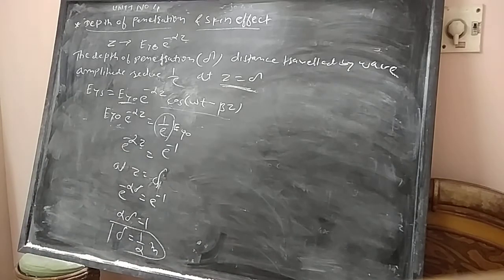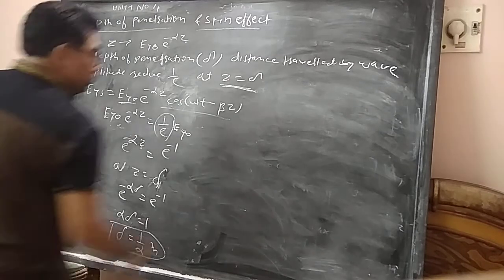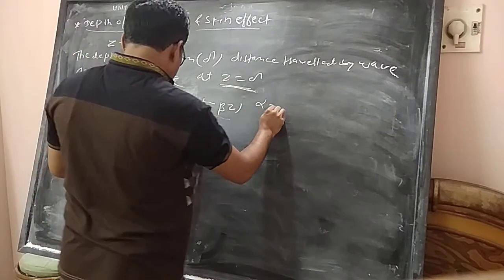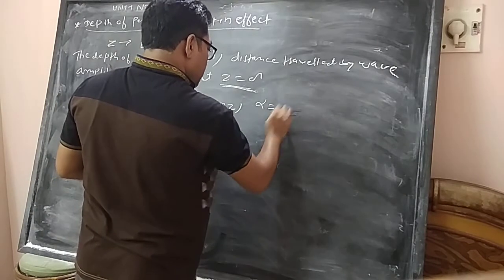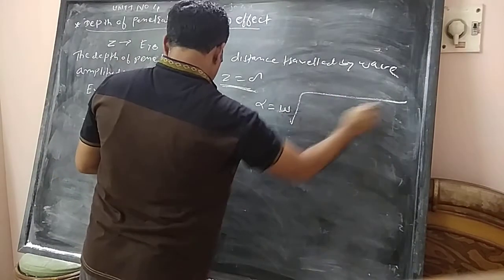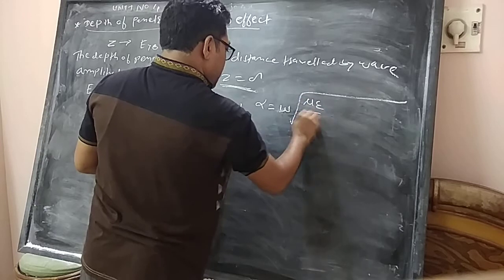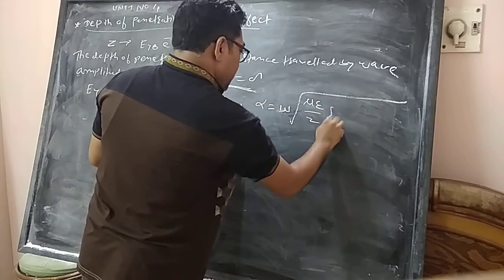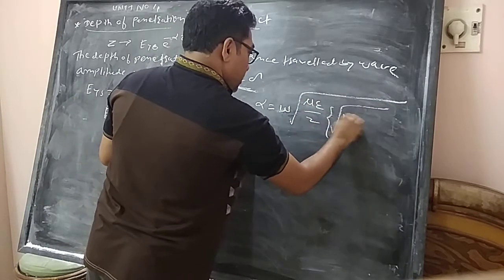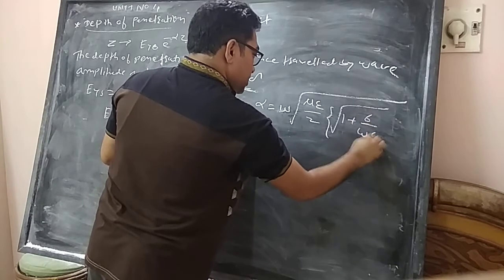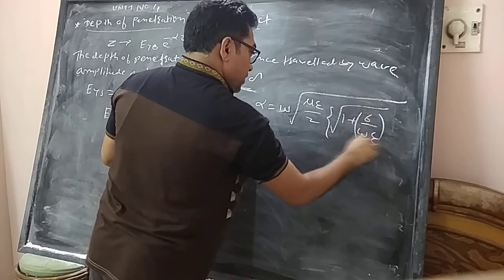Now what is alpha here? Alpha is nothing but the attenuation constant in general conducting medium. We know that the formula for alpha is alpha equal to omega under root of mu epsilon by 2 in bracket under root of 1 plus (sigma divided by omega epsilon) square minus 1.